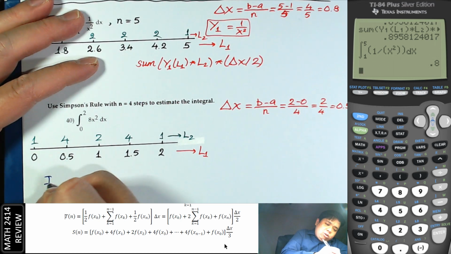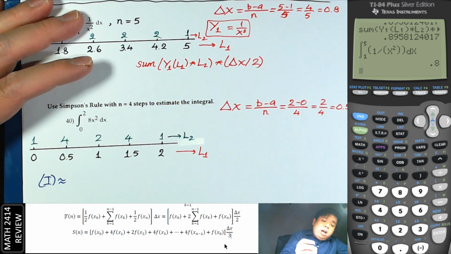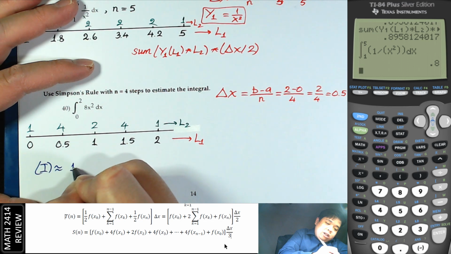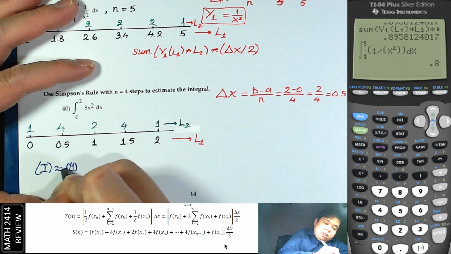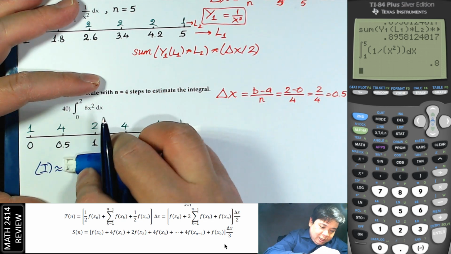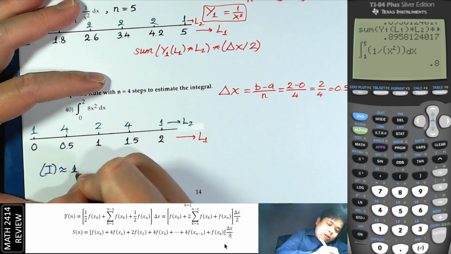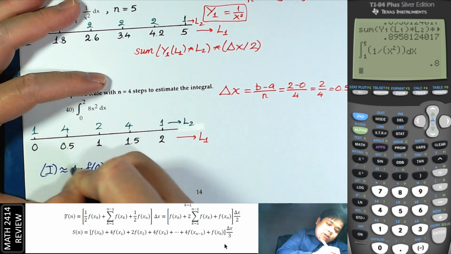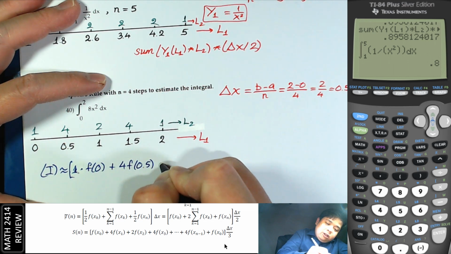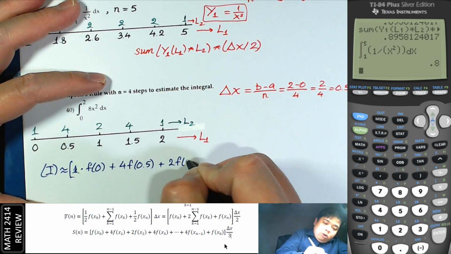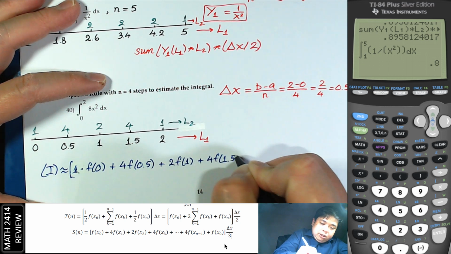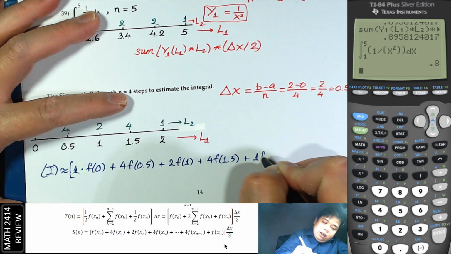If we want to write out the integral, approximately equal to, we have the coefficient 1 times f of 0, 4 times f of 0.5, and then 2 f of 1, and then 4 f of 1.5, and then 1 of f of 2.